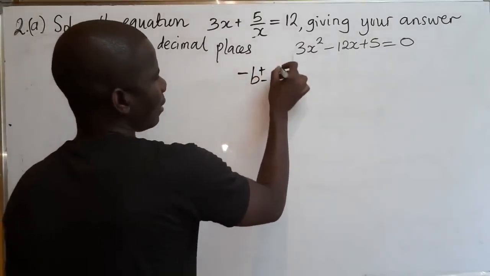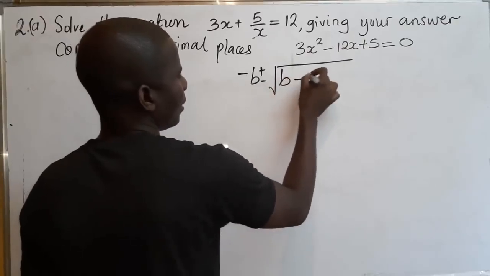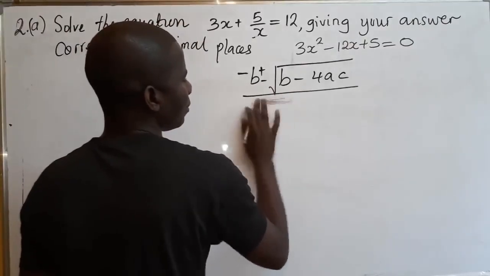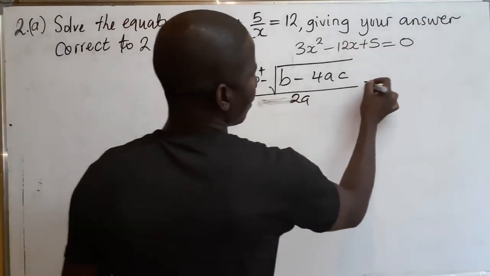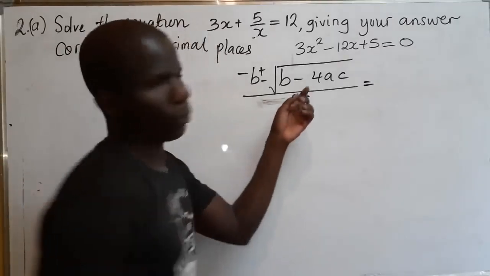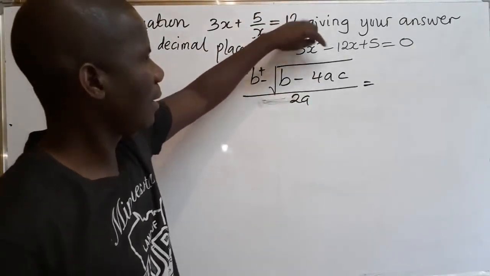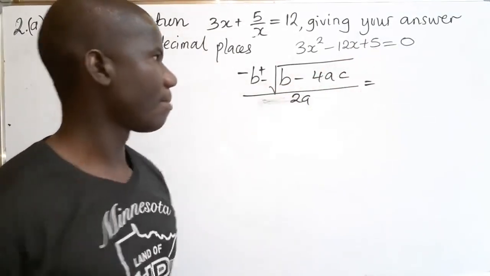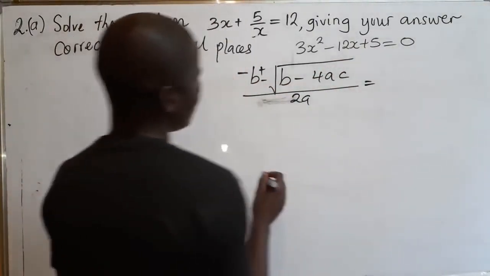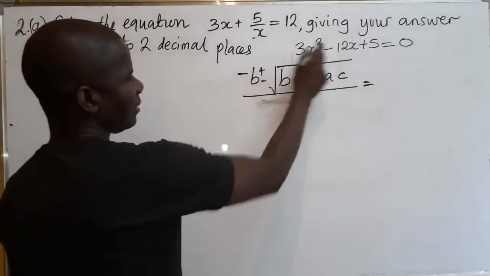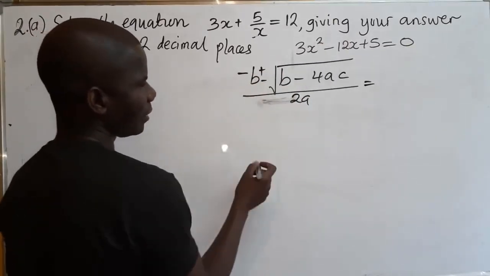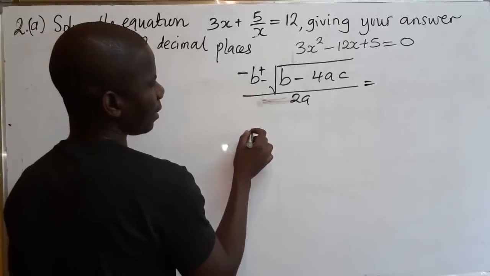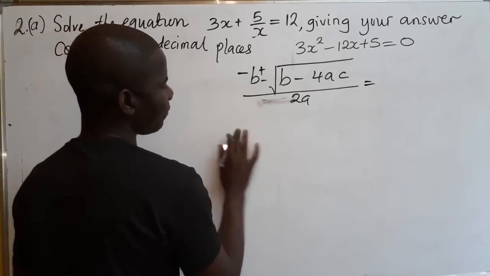Okay, as you may know, minus b plus or minus the square root of b squared minus 4ac, over 2a. Okay, so we go on and say, so what is our b here? This is our a, b is negative 12, and c is positive 5. So our b, we can drop it down here. Our b is a negative, and this negative, they will give us a positive. So we are going to have 12.